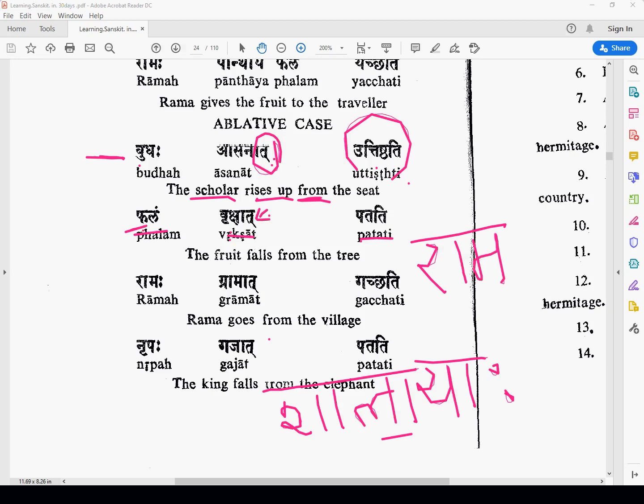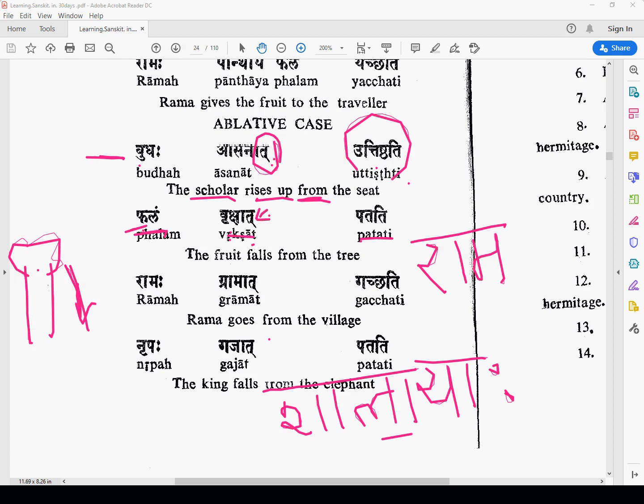When we say phalam rukshat patati, the tree is stationary and the fruit is doing the falling action away from the tree. So mostly there is a moving away action where there is a fifth case ending. This is one of the roles which fifth case ending words play.